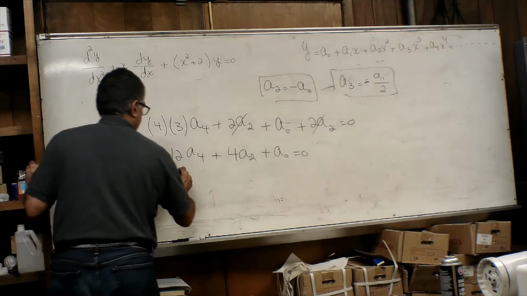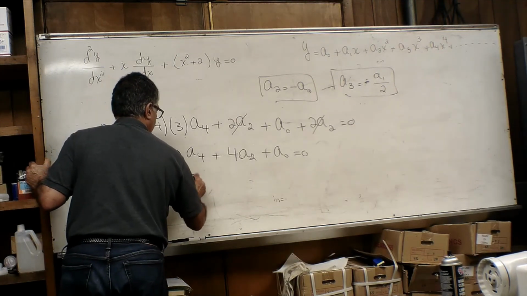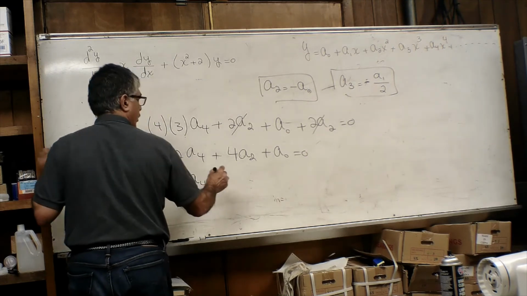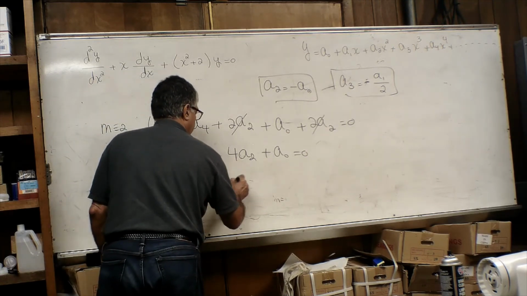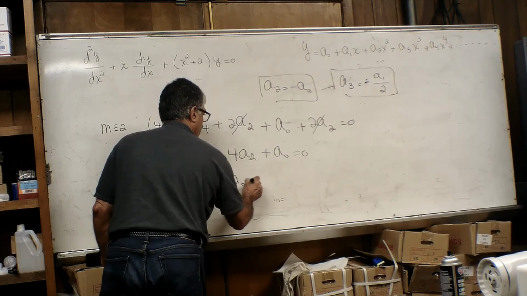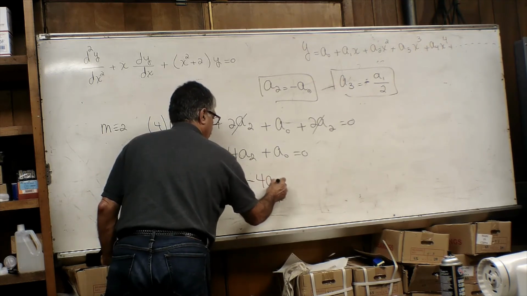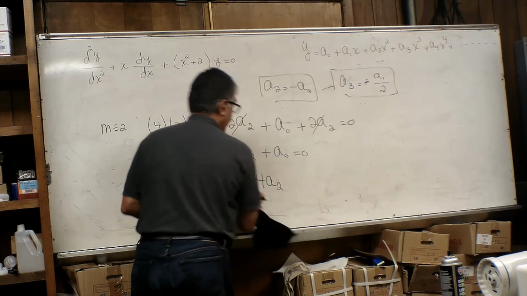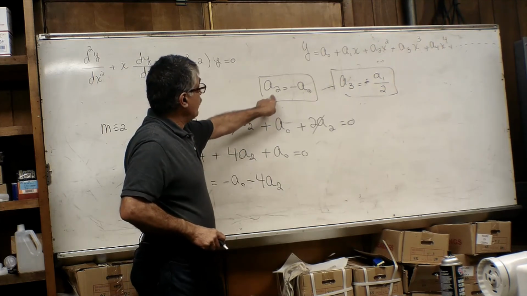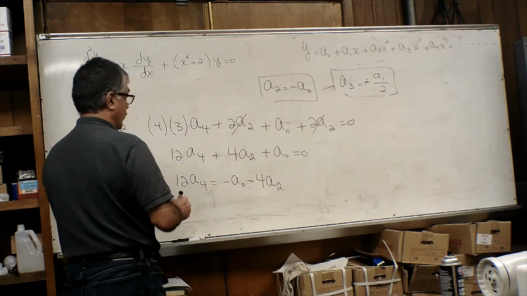So here we have 12a4 is equal to minus a0 minus 4a2, and we already found the value for a2, which is minus a0.